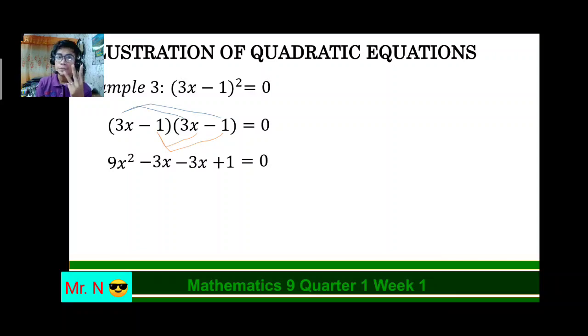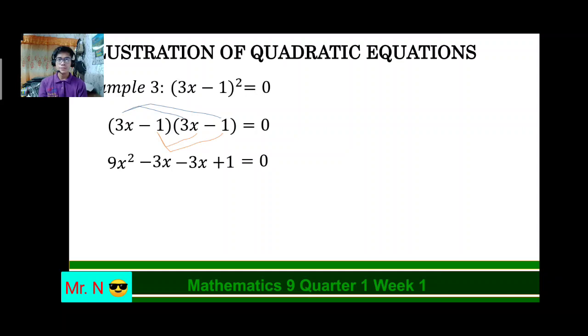Okay? So, we have negative 3x minus 3x. Kunin lang muna natin sa negative 3 minus 3. Okay, so we have negative 3 minus 3. We have two terms, right? Negative 3 is the first term. The operation is minus. And the second term is 3. So let's follow the step.